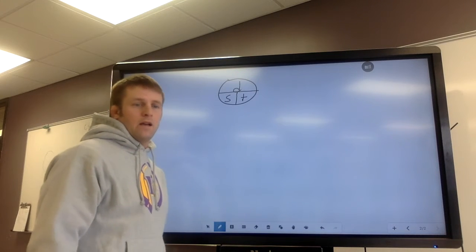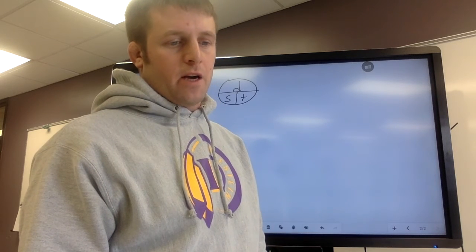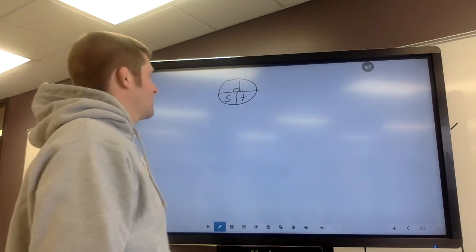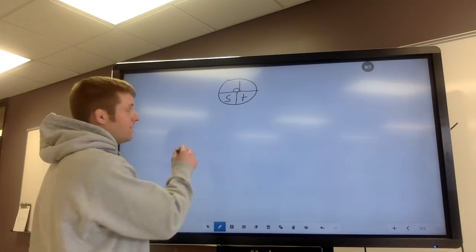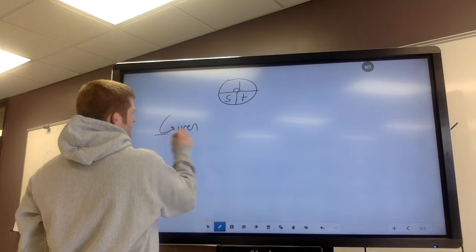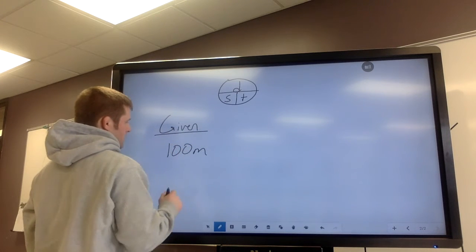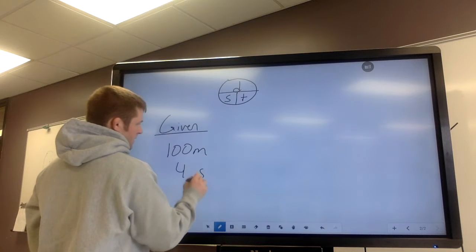Okay, now in problem number one, it states, what is the average speed of a cheetah that sprints 100 meters in 4 seconds? So what I always do is I start with what is given. So I'm writing what is given. It says that we have 100 meters and we have 4 seconds.